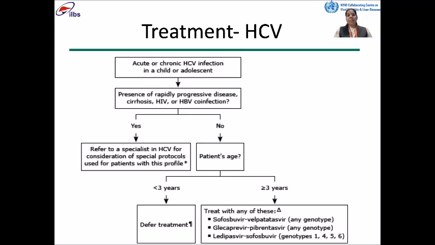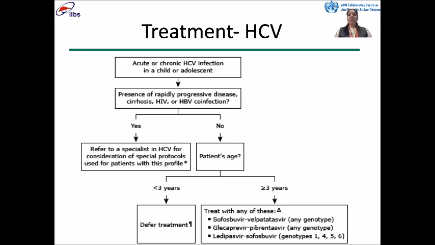If any of these are present, the child is immediately to be referred to an HCV specialist for consideration of special protocols used for patients with this profile. If none of these are present, we check the patient's age. If less than 3 years, we can defer the treatment. It's not necessary; we can wait.